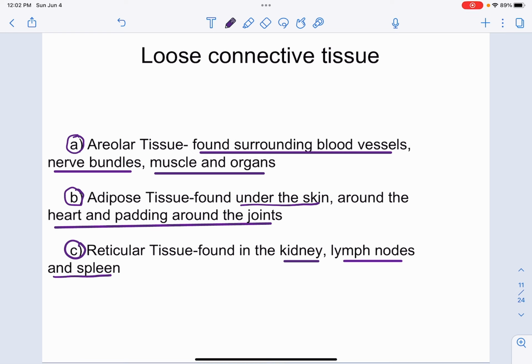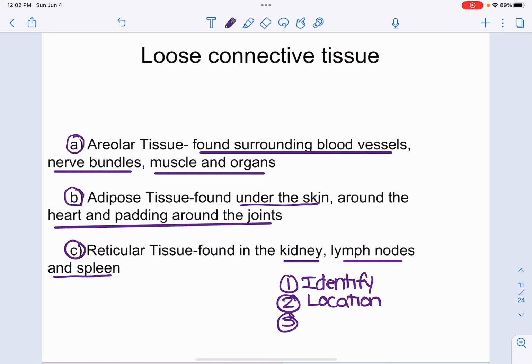Again, it's important to be able to identify each of these if you're shown it as a picture or under the microscope. And you need to be able to determine a location where you would find this. And then finally, some of the features, the types of fibers, the types of cells, etc.